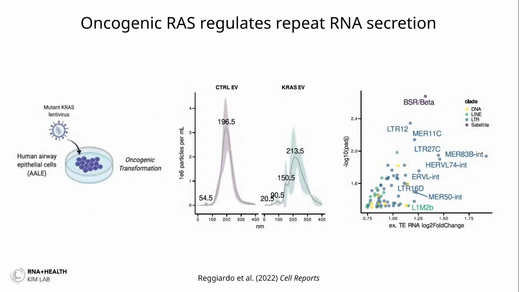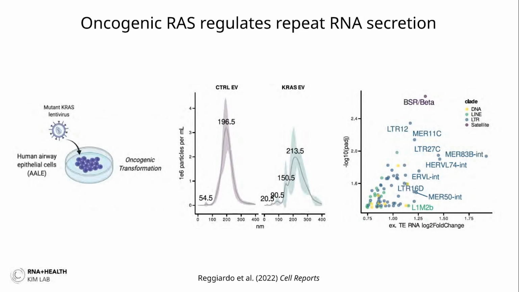If you look at the control cells, you see this very nice sharp peak at about 196.5 nanometers in diameter. Whereas when you have this mutation in KRAS, you start to see heterogeneity in this population of EVs being secreted from these lung cells. You also start to see slightly larger vesicles at about 213 nanometers in diameter, as well as smaller vesicles at 150 and 90 nanometers in diameter.